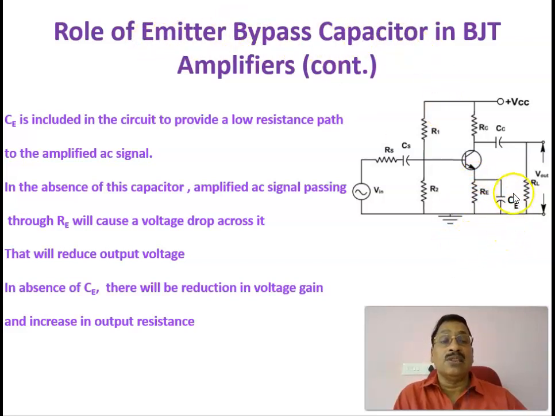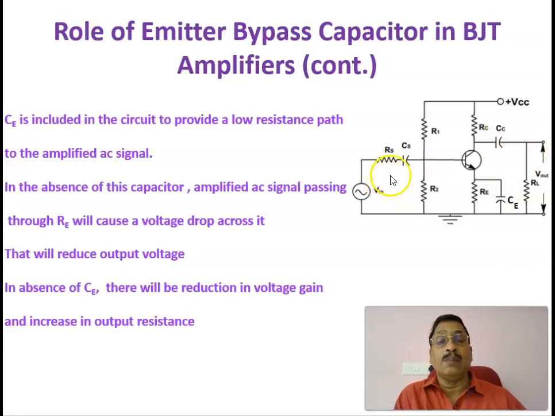Therefore, these are the functions of the emitter bypass capacitor, and the coupling capacitor, which couples only the AC signal and blocks the DC signal. The output side also contains both DC and AC, and at this side you want to pass only the AC signal to the next stage or to the load. That is why we block the DC there also. Therefore, CC is the coupling capacitor that couples only the AC signal.